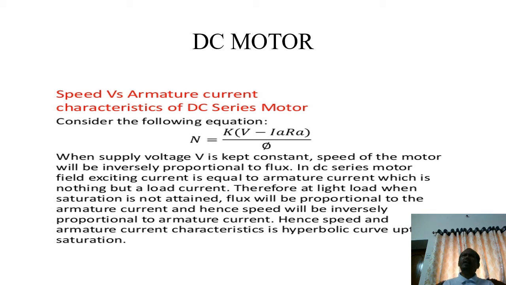The back EMF induced in the armature is EB, which is equal to V minus IA RA. So N is equal to K into (V minus IA RA) divided by flux phi.